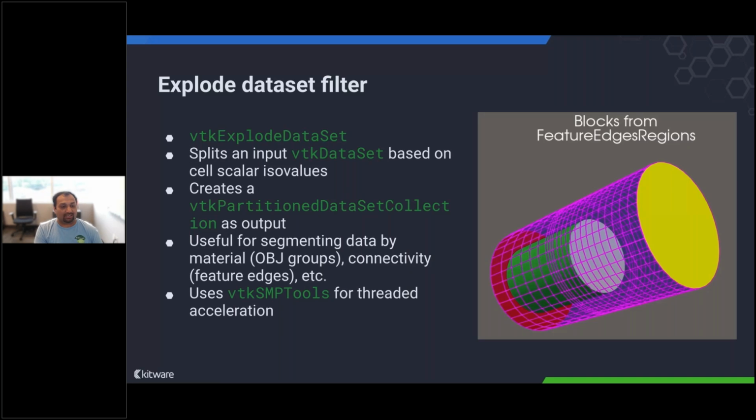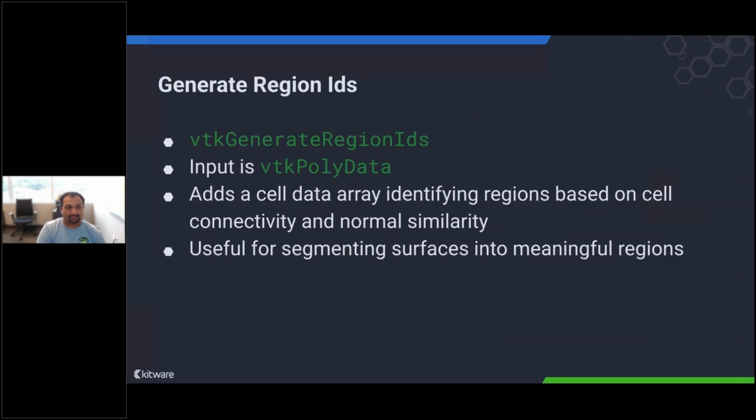So it's a really fast way of segmenting out different sections of the data or different visual aspects of the data into many different partition datasets. Of course, it uses VTK SMP tools, so it's threaded, and it can be useful if, say, you are loading OBJ groups with different materials. All those materials can be grouped independently.